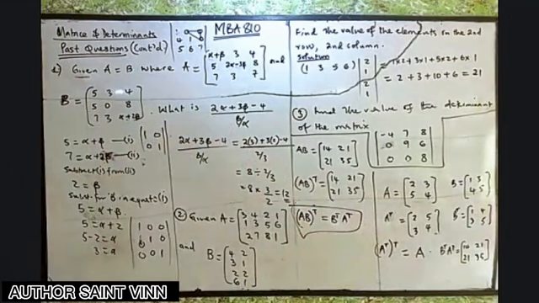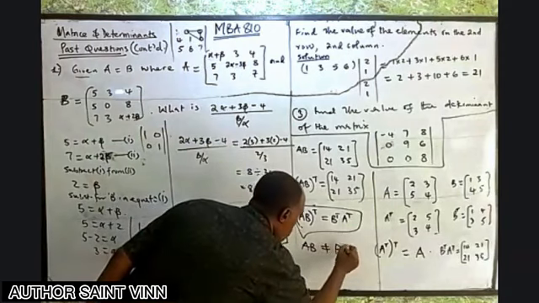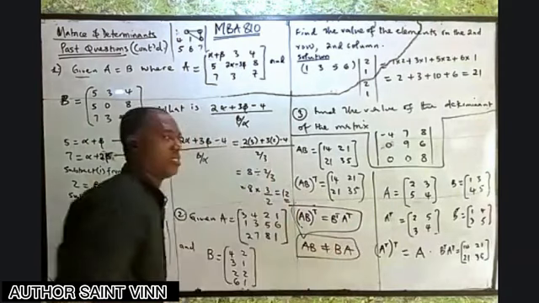Listen. So it is practice that makes perfect. No, it will be wrong, because you know that A times B and B times A is not the same. Take note that AB is not equal to BA. Don't forget that.